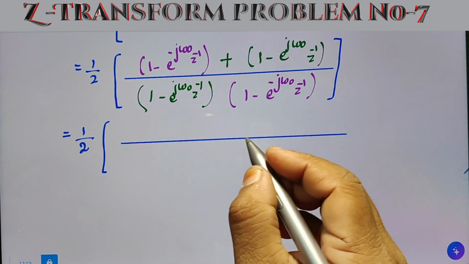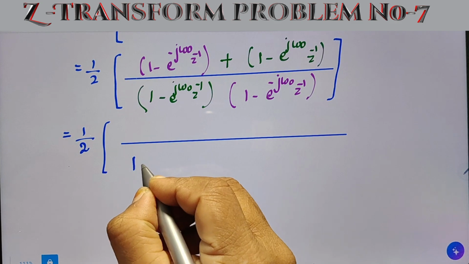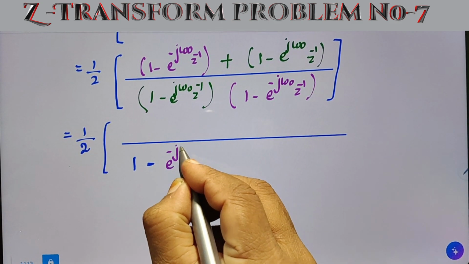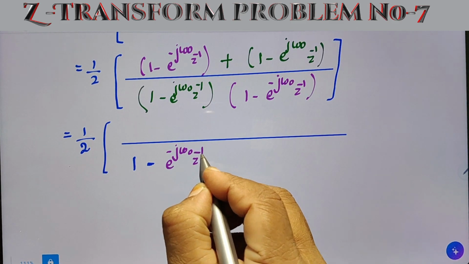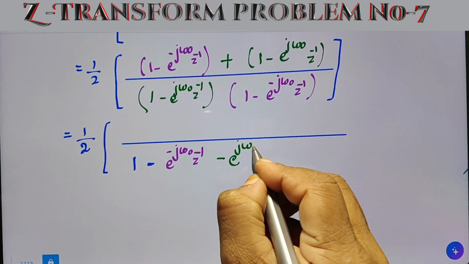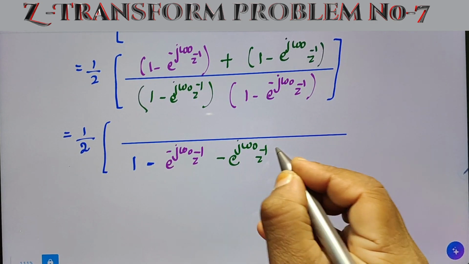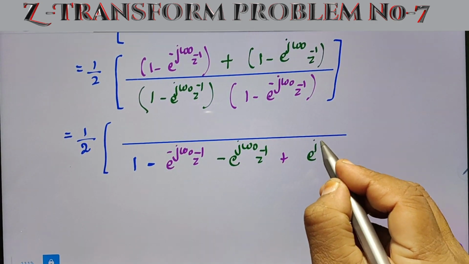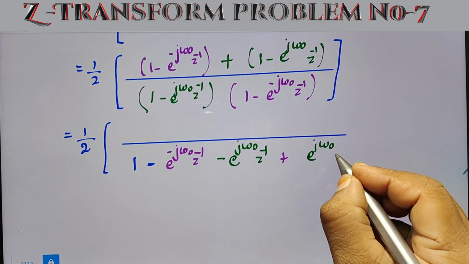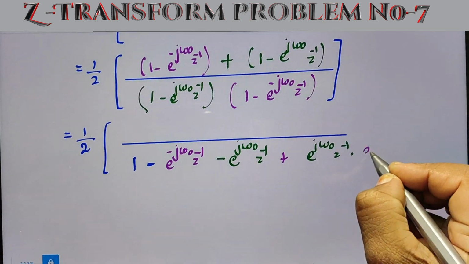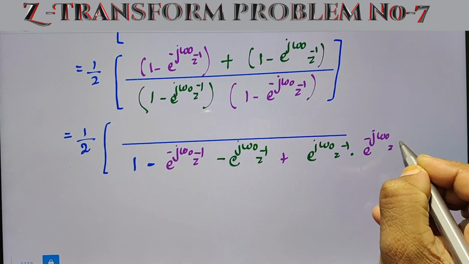For the denominator term: 1 minus e power minus j omega naught into z power minus 1, and the next minus e power j omega naught into z power minus 1. Next plus again e power j omega naught into z power minus 1, and for the second term e power minus j omega naught into z power minus 1.